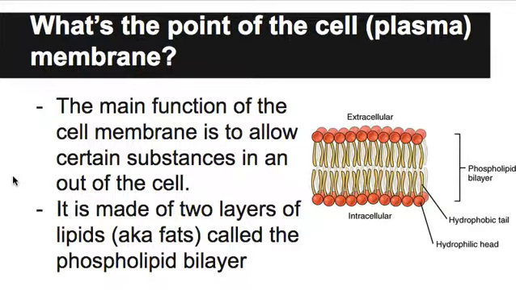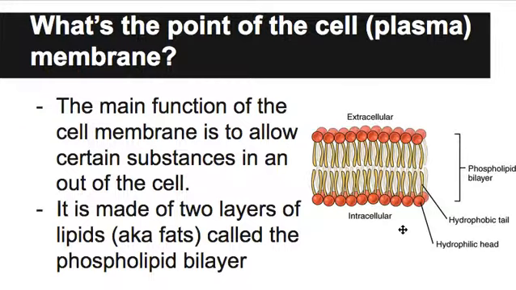Alright, so the first thing that we have to talk about is what's the point of the cell membrane? This is sometimes called the plasma membrane, which is referring to this loose gel-like substance around the outside of our cells, kind of like plasticky, stretchy stuff.